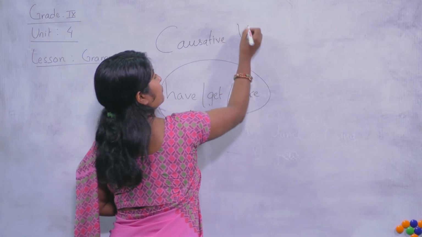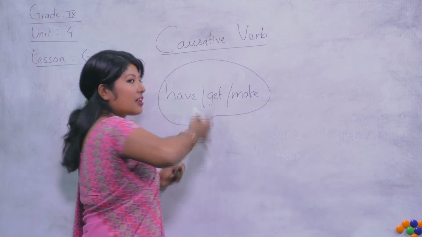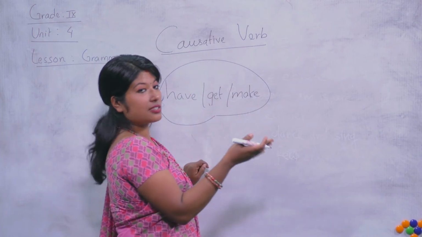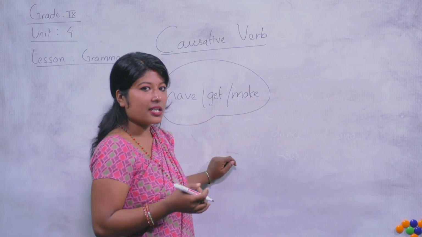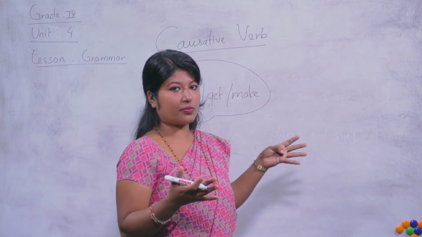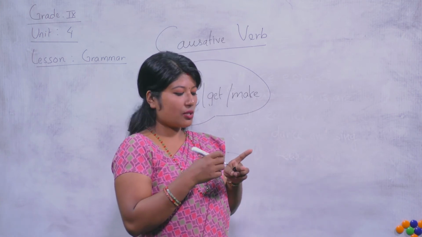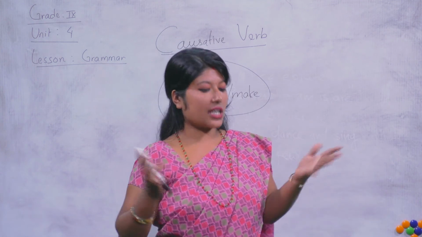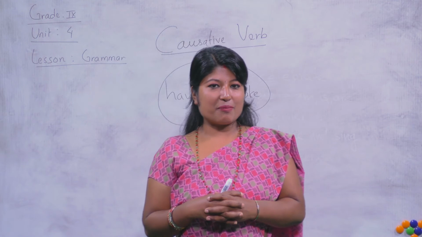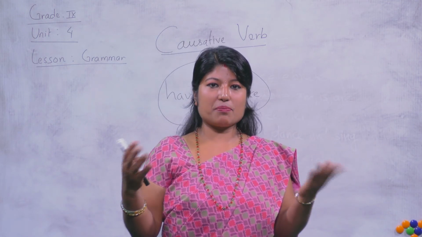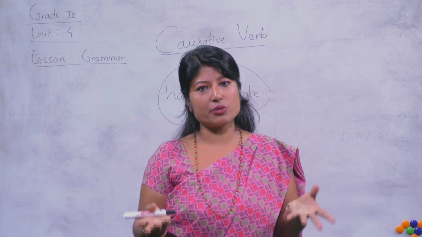Causative verbs. So here, causative has become causative with cause. It causes somebody to do something, or something is done. So we do not do everything ourselves, do we? Certainly not, because we need the help of some people, and we ask people to do it.